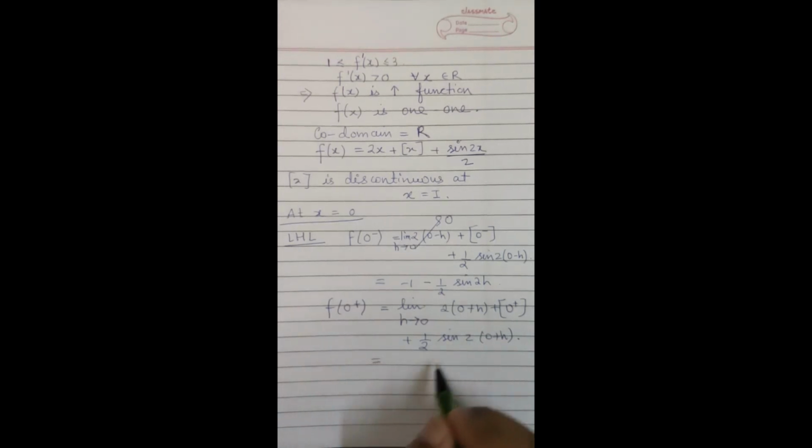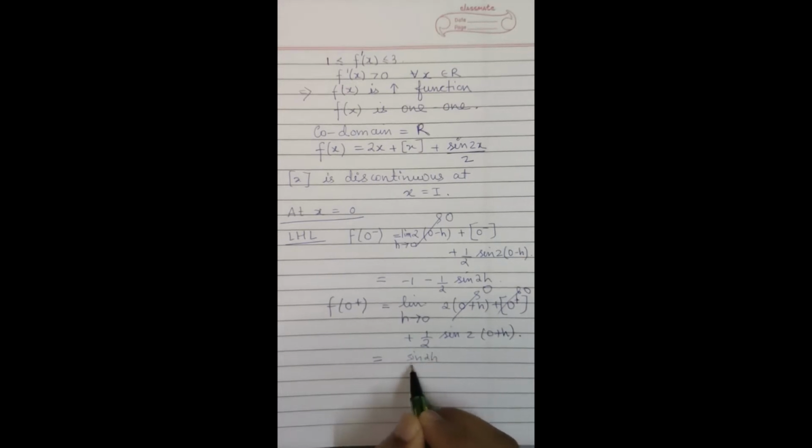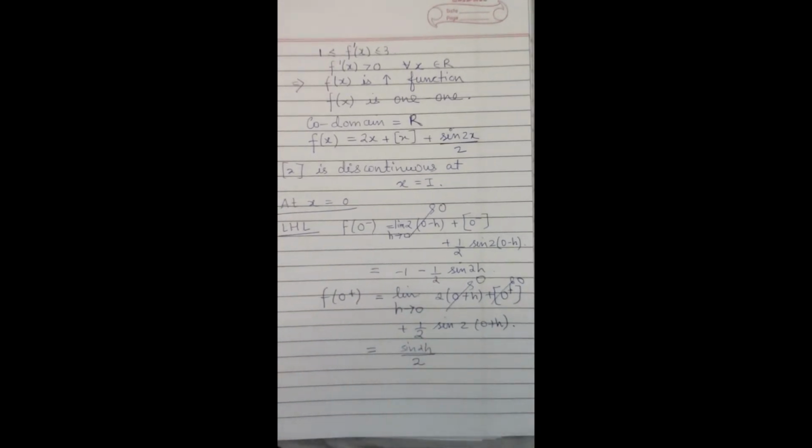So this will become 0, this will also become 0, so now we have sin 2h by 2. Now we see the function is not continuous, because f(0+) is not equal to f(0-), hence it will not cover all the values of R, hence it is not onto.